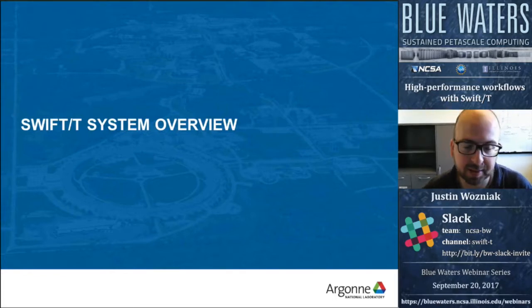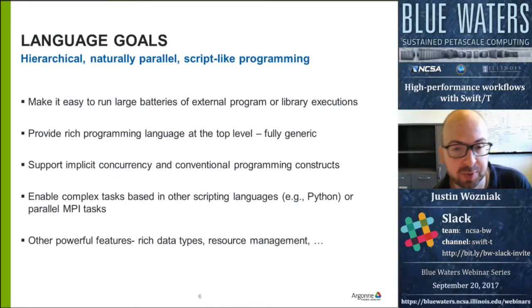So now I'm going to talk a little bit about how the SwiftT system works. Starting with the goals, what are the goals? The goals of Swift are to make it easy to run large batteries of either external programs or library executions. So Swift is a hierarchical programming model.